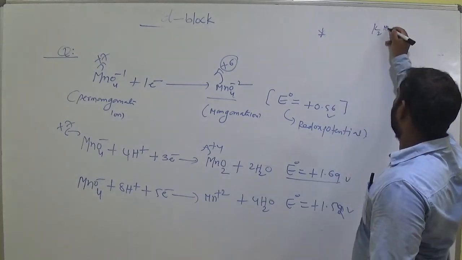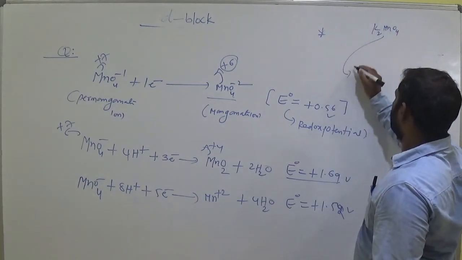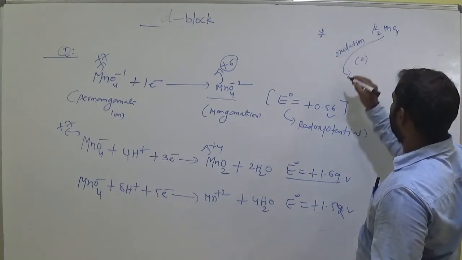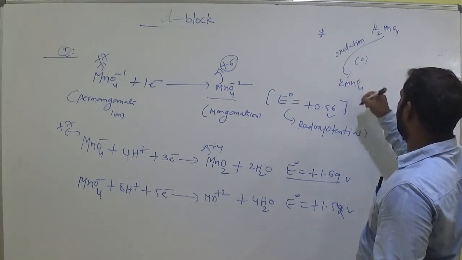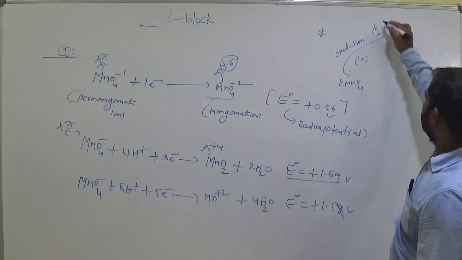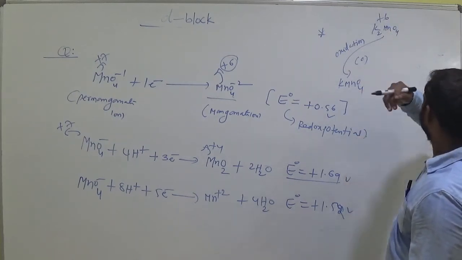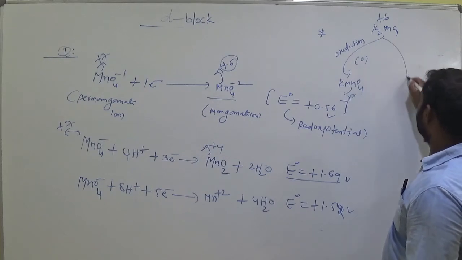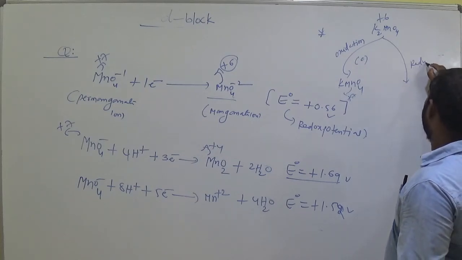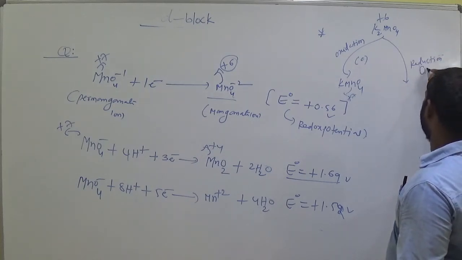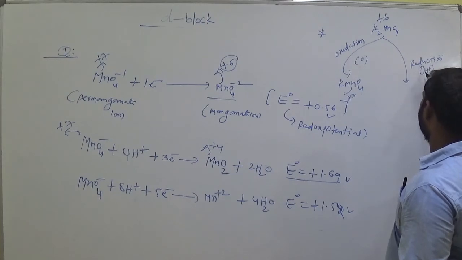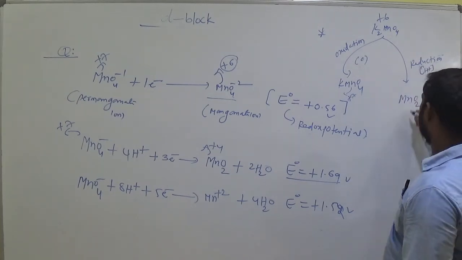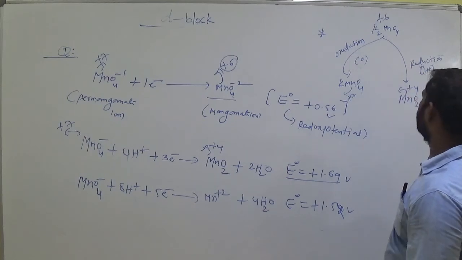K2MnO4, potassium manganate, when it undergoes oxidation, it gives KMnO4, potassium permanganate, that means it is plus 6. Here it has plus 7 oxidation state. It undergoes reduction, that means addition of hydrogen, it gives MnO2. MnO2 means here it has plus 4, reduction takes place.